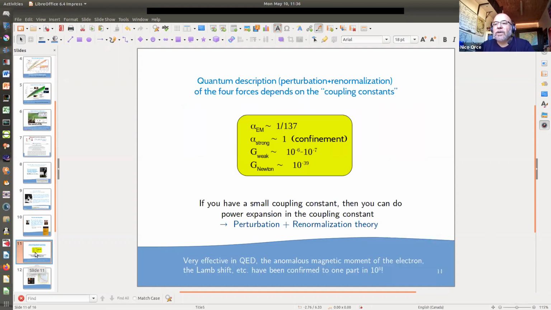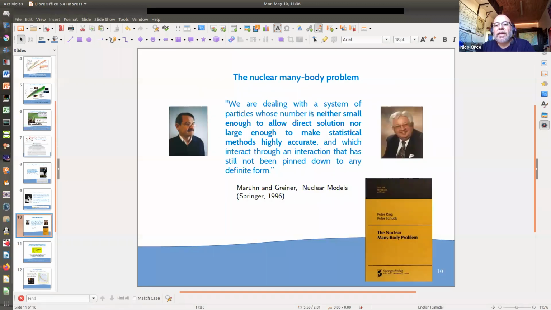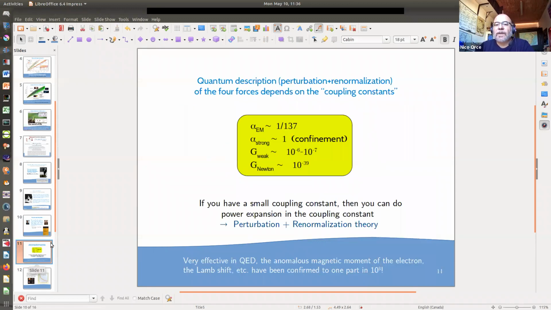What is the problem actually with nuclear physics? It says that it is neither small enough to allow direct solution nor large enough to make statistical methods highly accurate. The problem is this coupling constant.